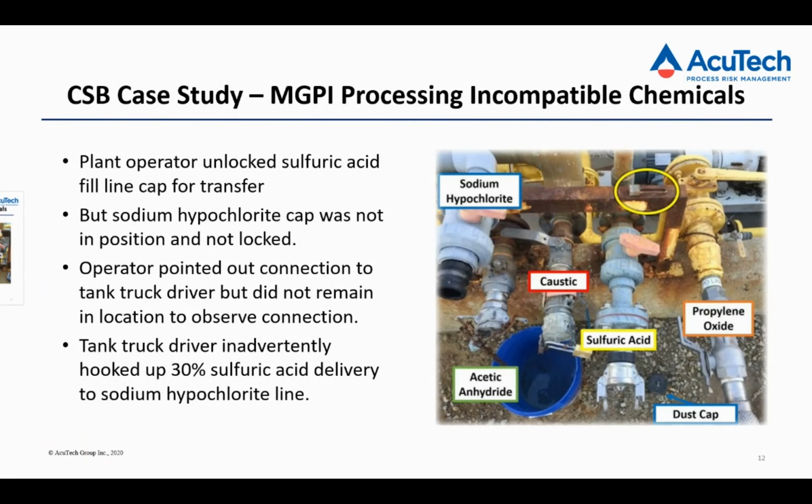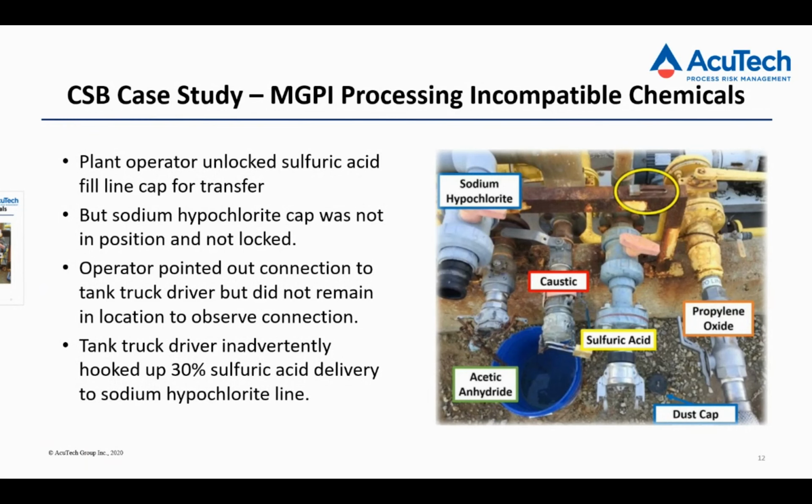The operator would then watch the truck driver make the hookup. The operator was charged with opening the valve between the connection and the tank truck. And then the truck driver would unload. The operator could leave, and after the truck driver was done unloading, he'd unhook, lock the cap back on, close the gate, and he was done.